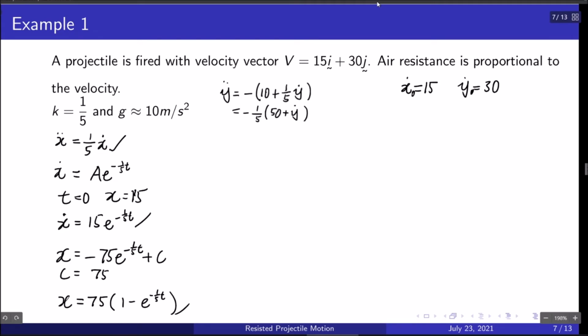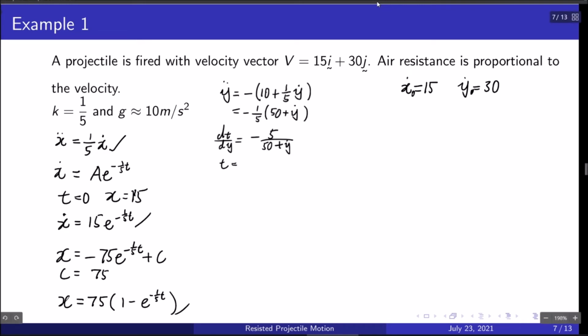So it makes things slightly easier for us. So obviously dt over dy would equal negative 5 over 50 plus y dot. And then we integrate both sides.